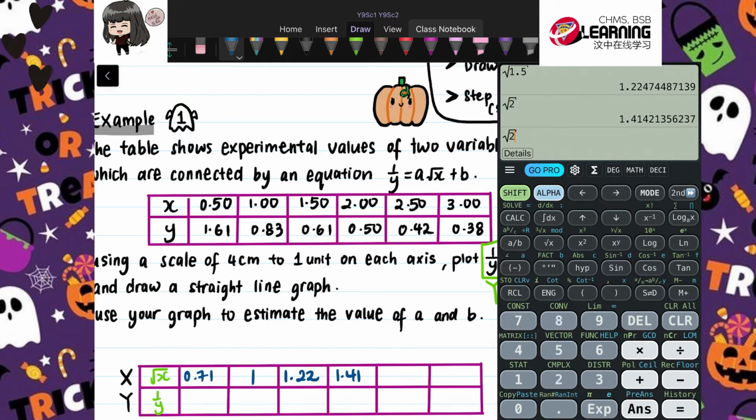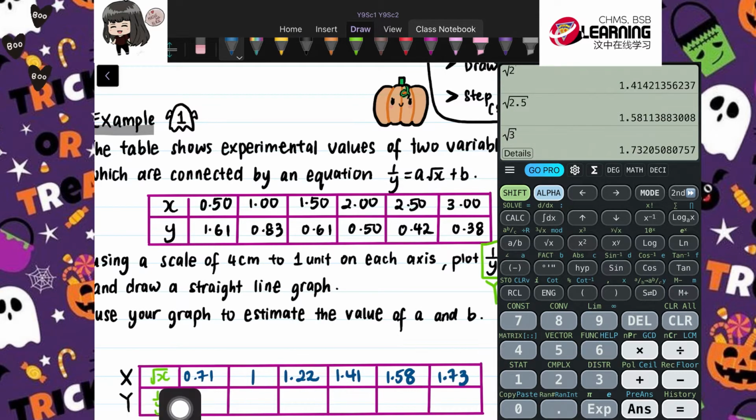Square root of 2.5 is 1.58, and then square root of 3 is 1.73. Okay, help me to double check by pressing the calculator.